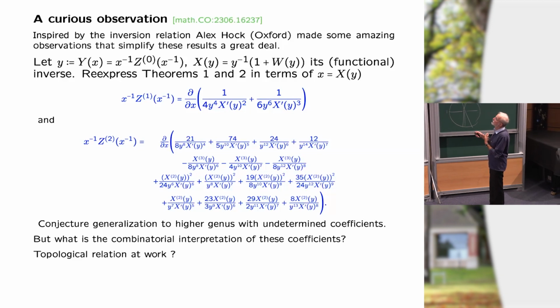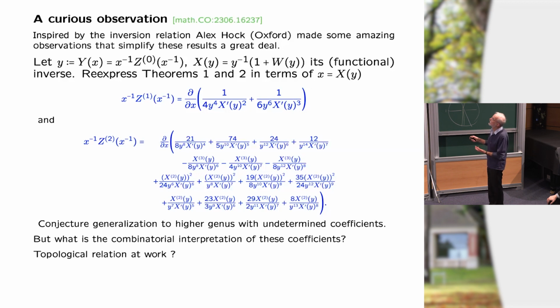So he suggested to re-express all the previous results in terms of the function capital X of Y. And he found this expression, which, well, at this stage, is not so much simpler than what I had myself, but look at the result that he has for genus 2. Here, there is clearly a simplification, because there is a pattern.